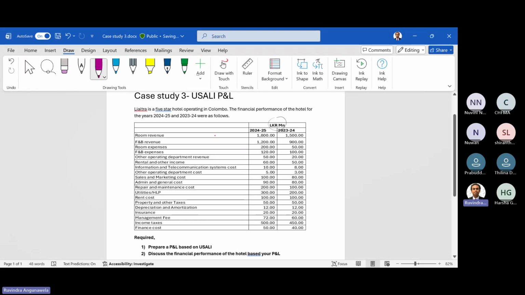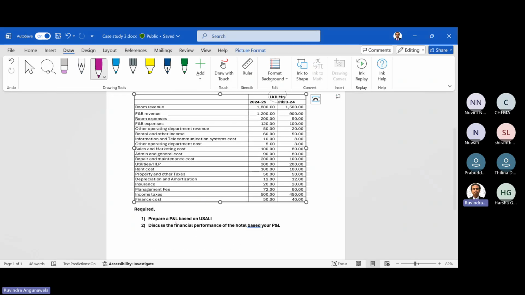Room revenue we have, F&B revenue, room expenses, F&B expenses, other operating department revenue, that is the main operating departments, rental and other income, information and telecommunication systems cost, looks like they're not charging, other operating department cost, sales and marketing cost, administration and general cost, repair and maintenance, utilities, HLP, rental costs, property and other taxes like the rates, depreciation and amortization, insurance, management fees, income tax, and finance cost.